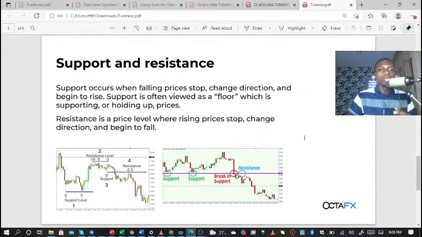Now let's talk about support and resistance before we dive into the chart and have a look at them one before the other. Now, support occurs when price falls and stops. Now let's use this as an example here.